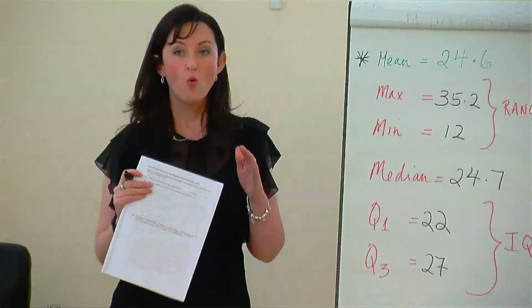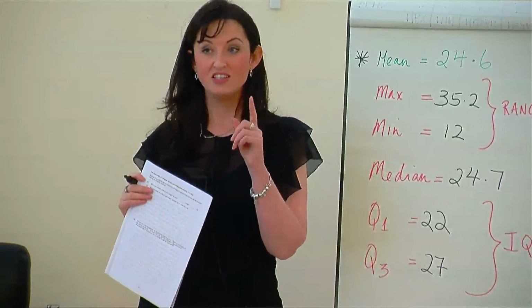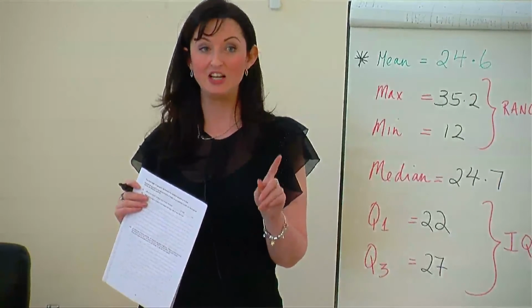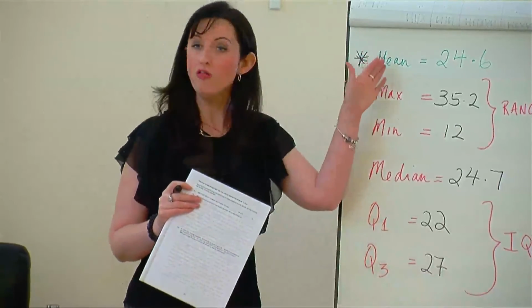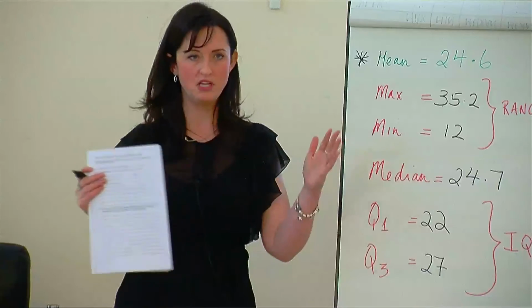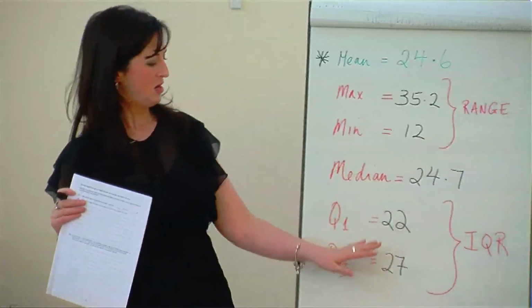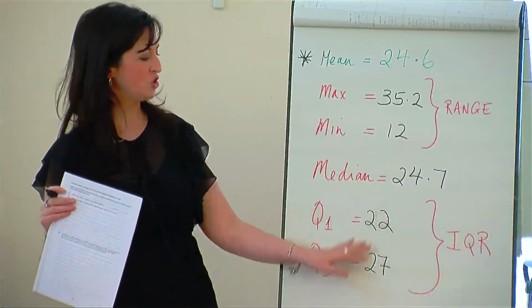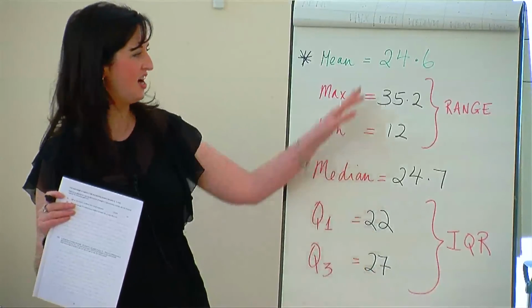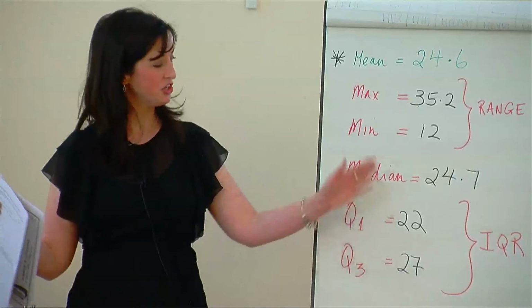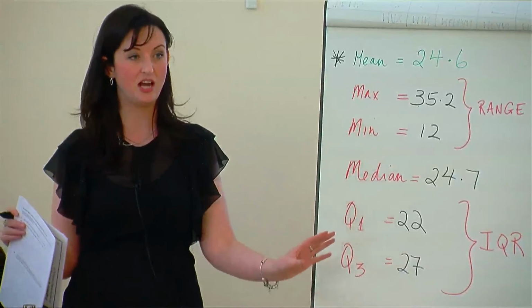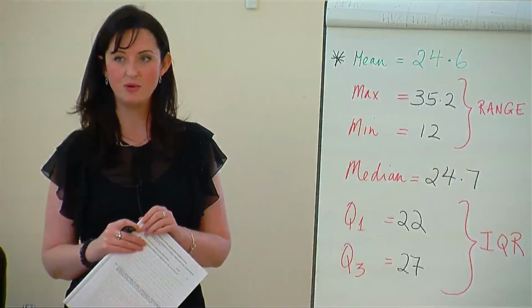So there's a potential here for this being bell-shaped. We'll look at the other ones to confirm it though. We'll make sure, does my interquartile range lie roughly in the middle of my range? Do your numbers look symmetrical? Let's just check it before we commit to the bell-shaped.